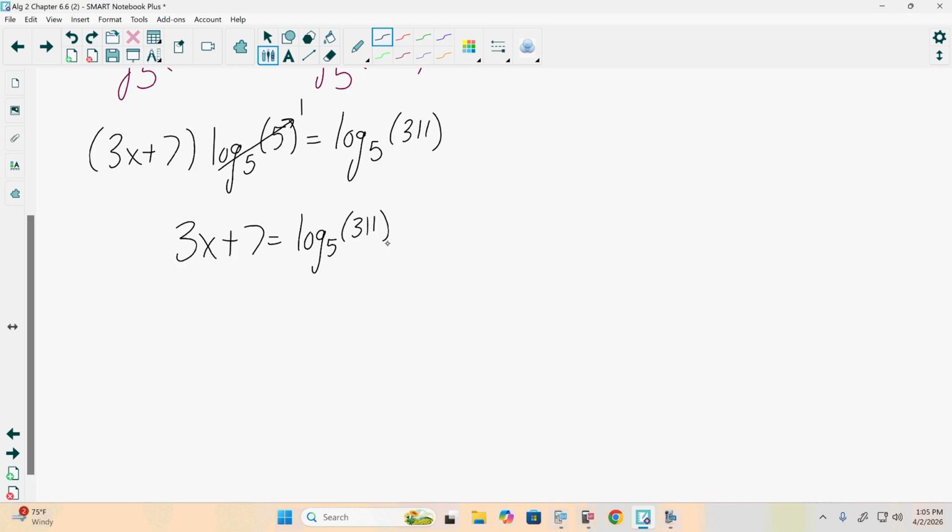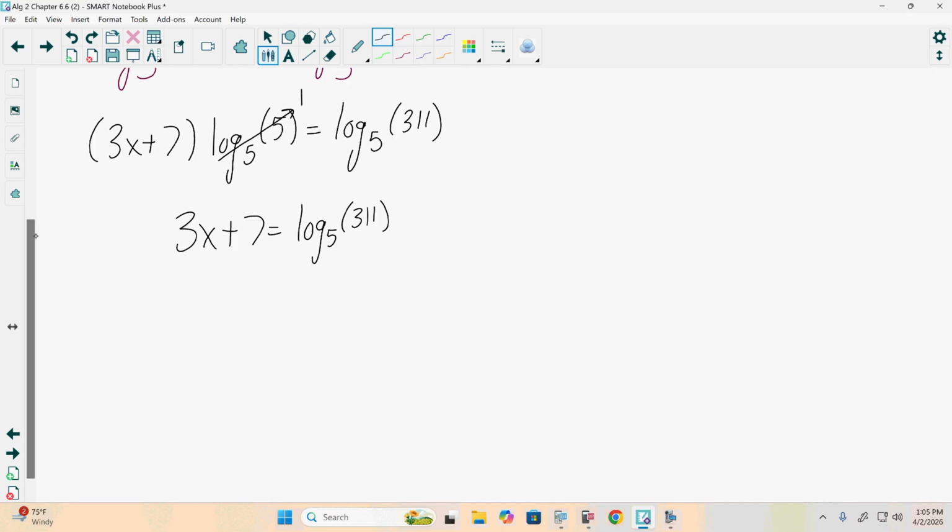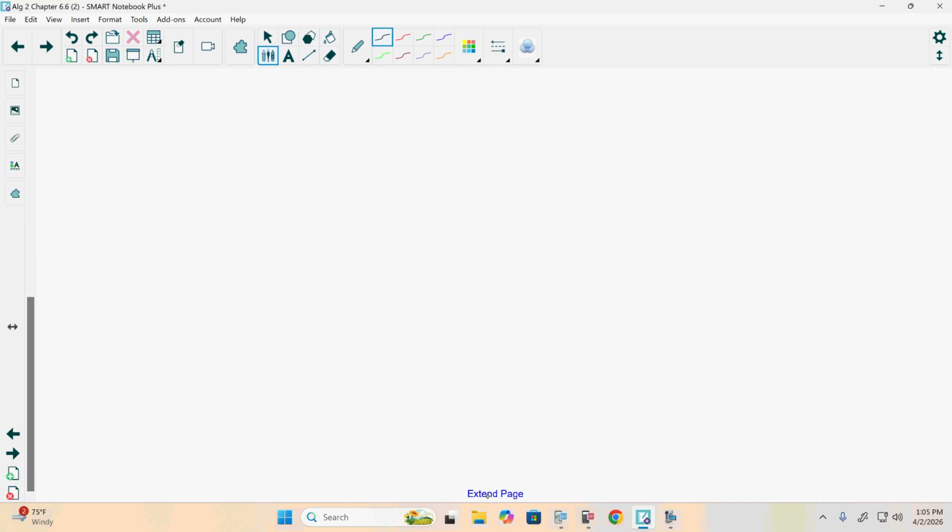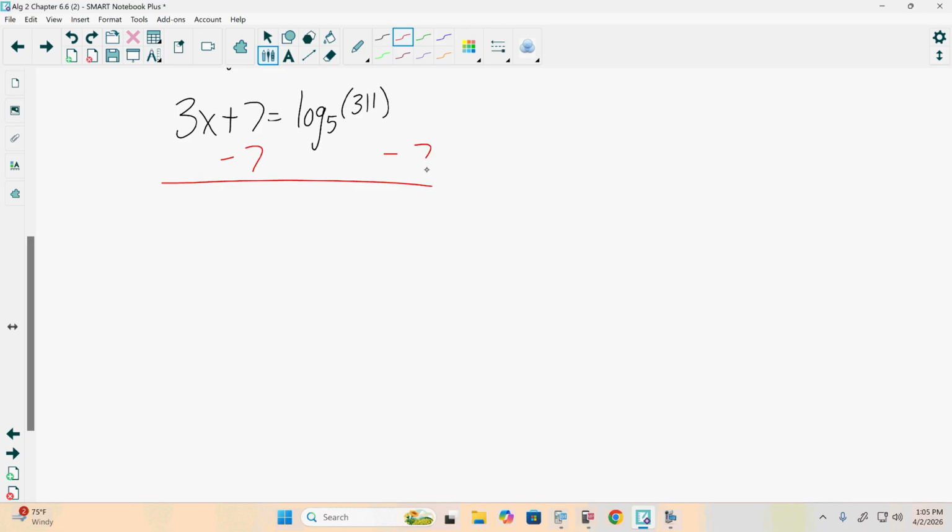Questions on this here? Questions on anything we've done so far? Is x by itself? No? What can we do to both sides? We want to subtract 7 first. The left-hand side would become 3x because those would cancel, yes? On the right-hand side, we'd have log base 5 of what? Would this be 304?